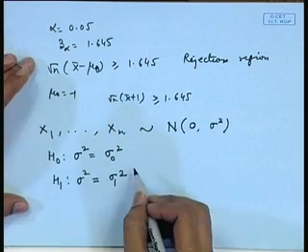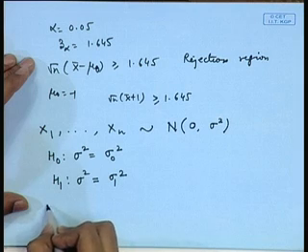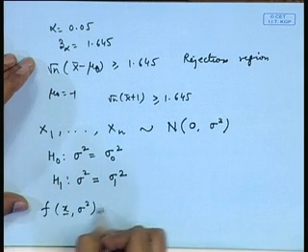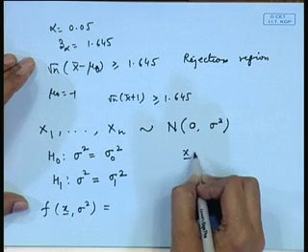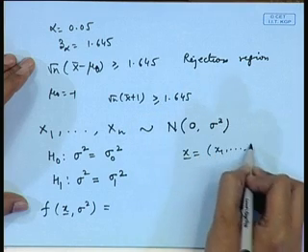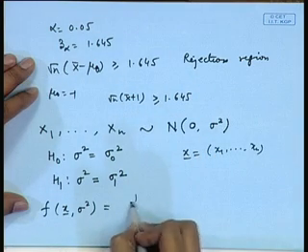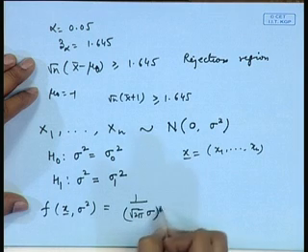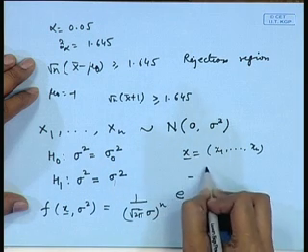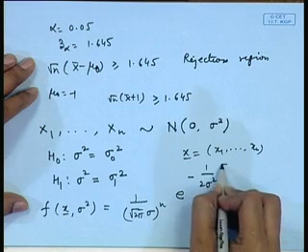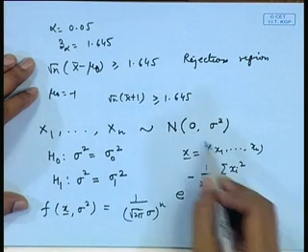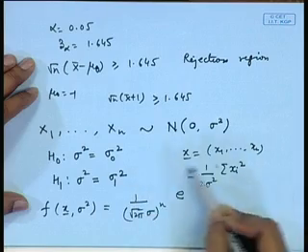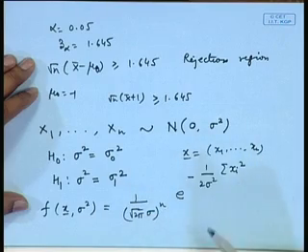Once again let us write down the density function, f(x, sigma square). We need to write the joint distribution of x1, x2, ..., xn. That is 1 by root 2 pi sigma to the power n, e to the power minus 1 by 2 sigma square sigma x i square, since I have taken the mean of the normal distribution to be 0. So, the joint distribution of x1, x2, ..., xn turns out to be this one.